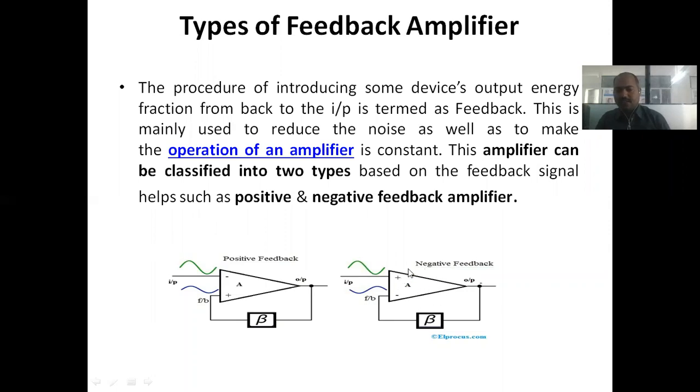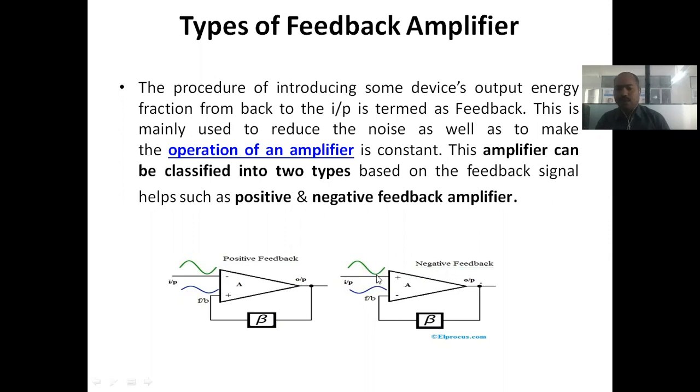So this amplifier circuit does the function of amplification. It is like a block; internally, the block does the function of whatever the amplifier is. Consider that this configuration uses a common emitter amplifier.